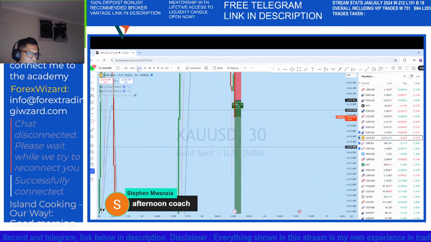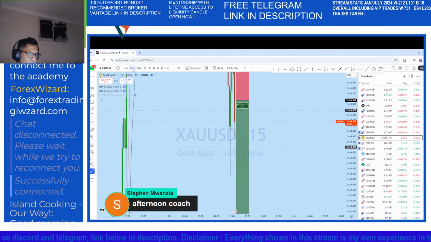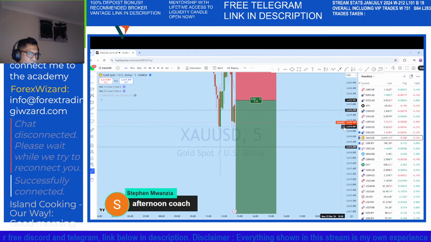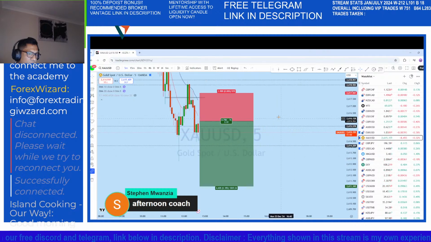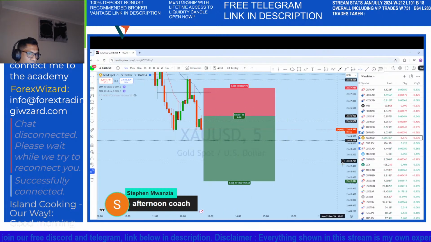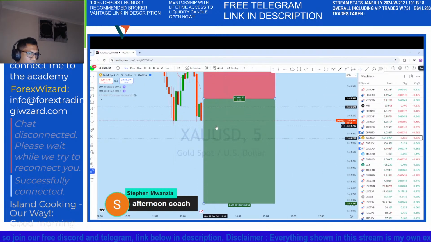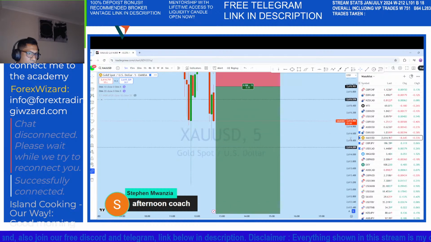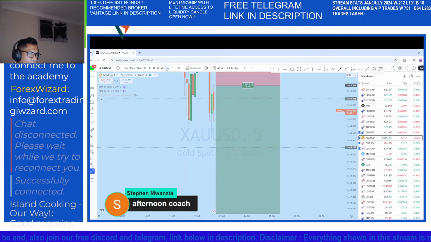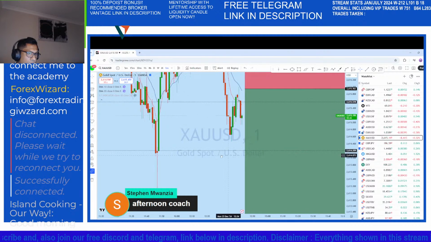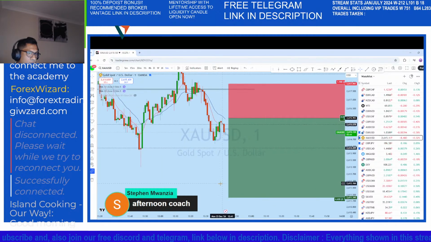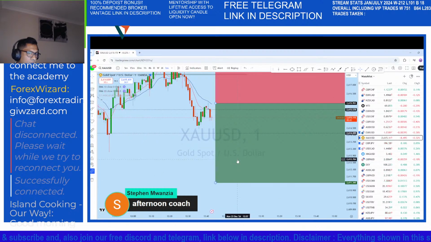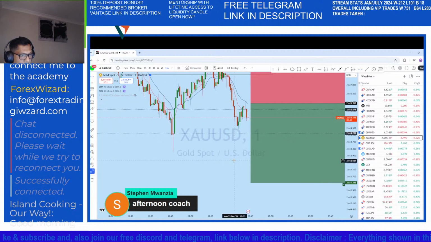And with that being said, 5 minutes, bearish candle, bearish engulfer. 1 minute chart, still trending towards the downside.